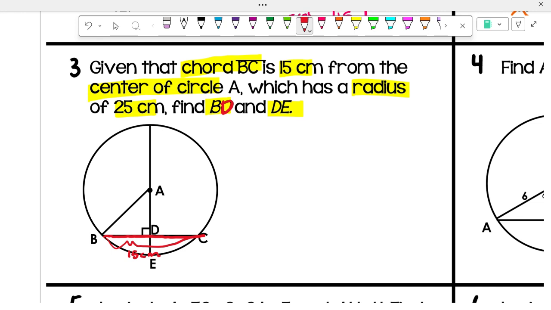AB, and then also AE. So both AB and AE are 25 centimeters. And it wants us to find BD. So it wants us to find this segment right here, and this segment right here, so DE.